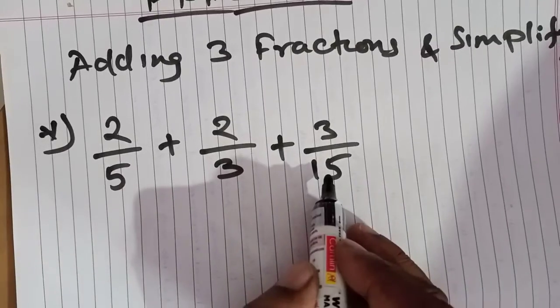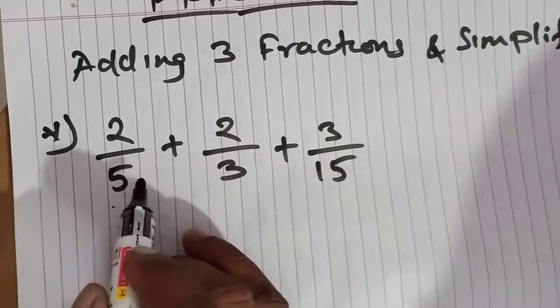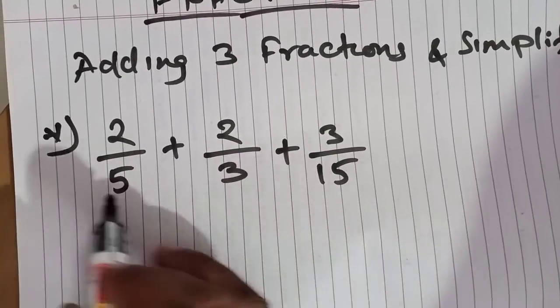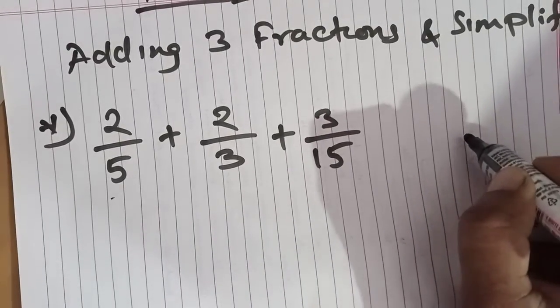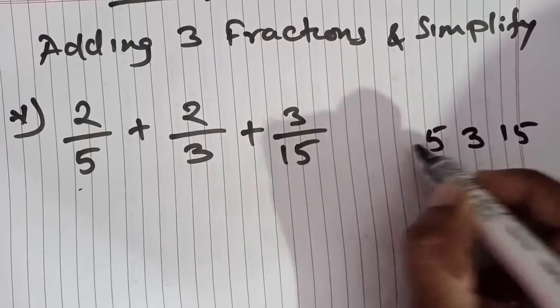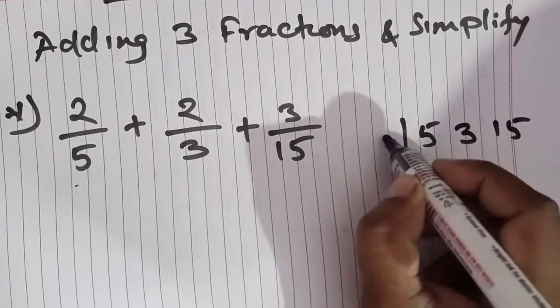So first of all, we are going to find the LCM of these numbers. What is the lowest common multiple for all of these numbers? We will take 5, 3, and 15, and try to divide to find the LCM.